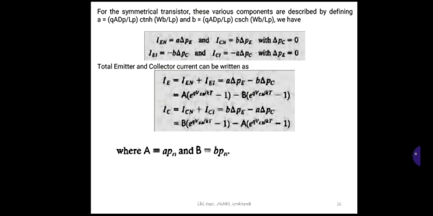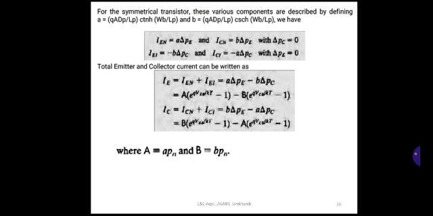We have IEN is equal to A into delta PE and ICN is equal to B into delta PE with PC equal to 0, and here subscript N refers to the normal mode, and IEI is equal to minus B delta PC and ICI is equal to minus A into delta PC with delta PE equal to 0.